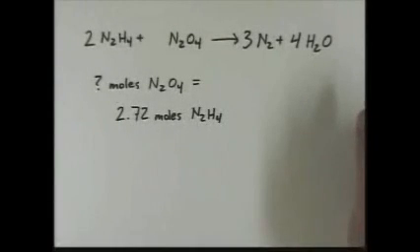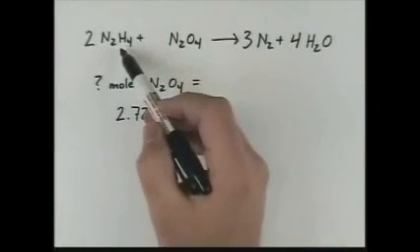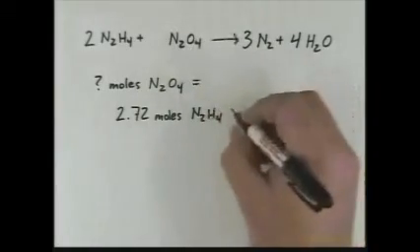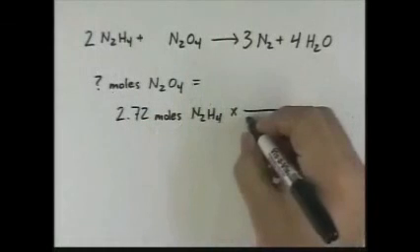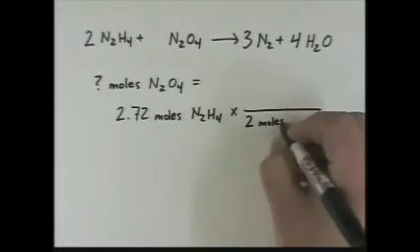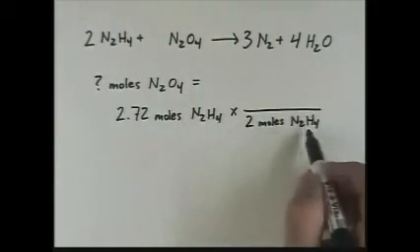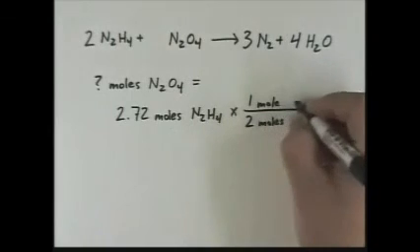Now, I'll use the mole ratio from the balanced equation to convert from moles of N2H4 to moles of N2O4. I'm going to put 2 moles of N2H4 on the bottom so that the units will cancel, and 1 mole of N2O4 on the top.